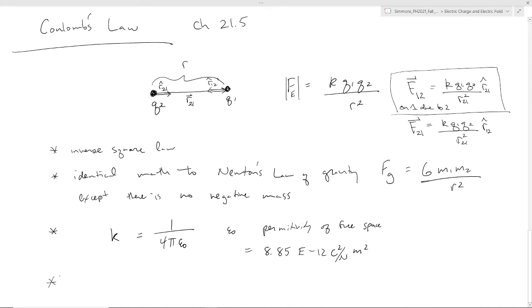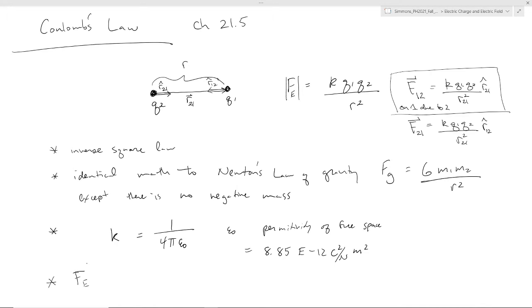charges and Coulomb's law is that we've just talked about two so far, but if you have multiple charges, the force is going to obey superposition. So what you can do is just add up the forces due to those other charges to find the net force.